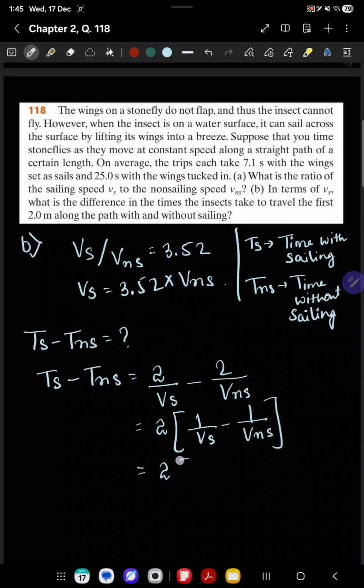We can again write it as 1 upon Vns minus Vs upon Vs into Vns.